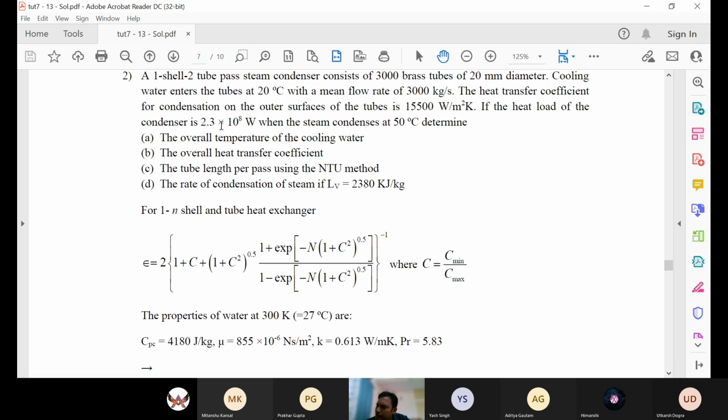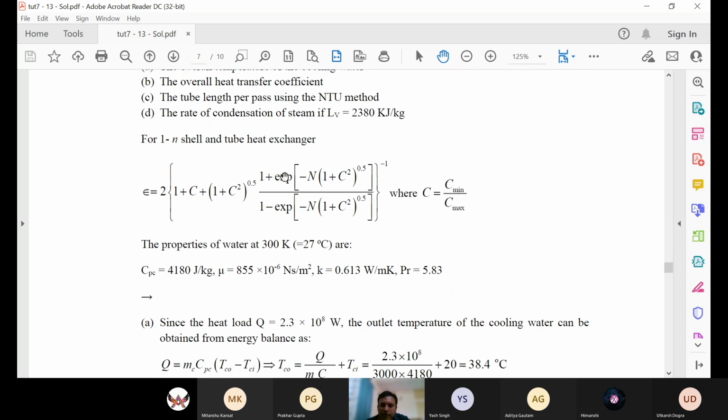Do you agree? So the mass of the cooling water multiplied by the specific heat of the cooling water and the temperature difference of the cooling water should be given as this total Q. The inlet temperature of the cooling water is given as 20 degrees Celsius, but the outlet temperature is not given, so we can calculate that from this equation. So that is what has been done here.